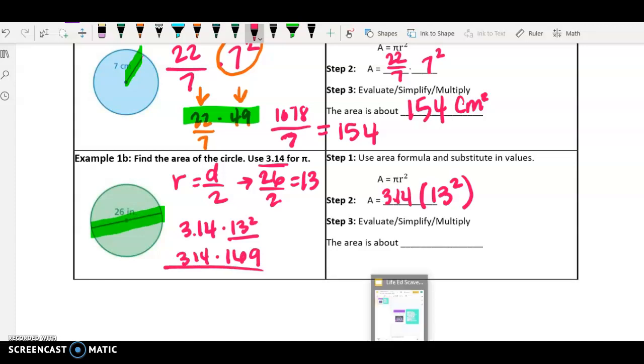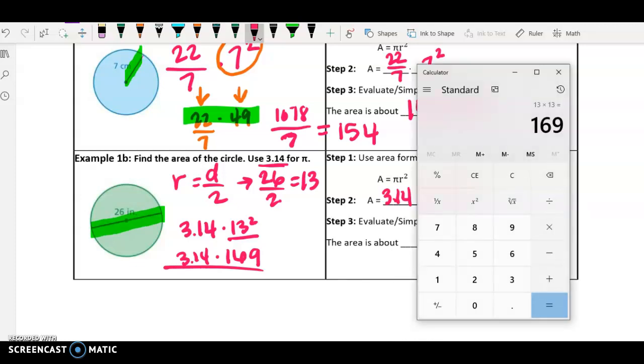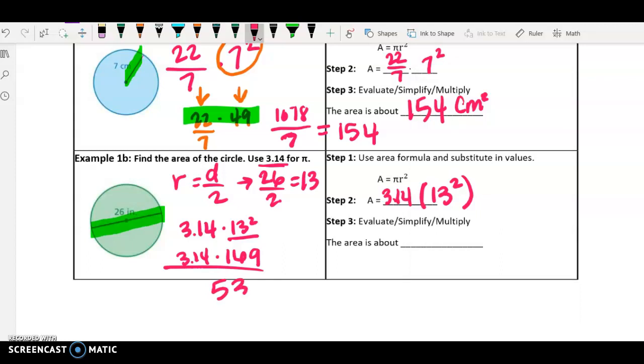Now we're going to multiply those together. And we have times 3.14, and we get 530.66 inches, and then we do inches cubed because it's area, so this tells us that we found the area.